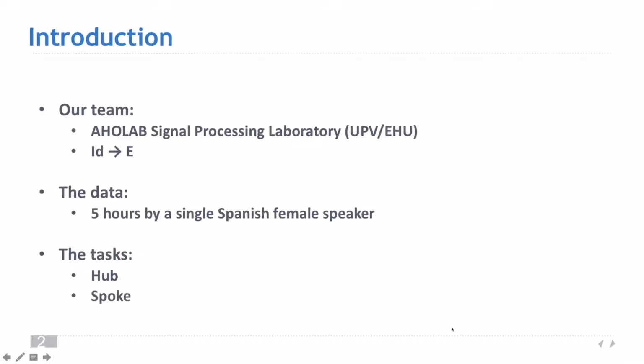So, as I said, we are the AhoLab Signal Processing Laboratory at the University of the Basque Country, and our identification in this challenge was letter E. Of high quality audio by a single Spanish female speaker, along with its corresponding transcriptions.